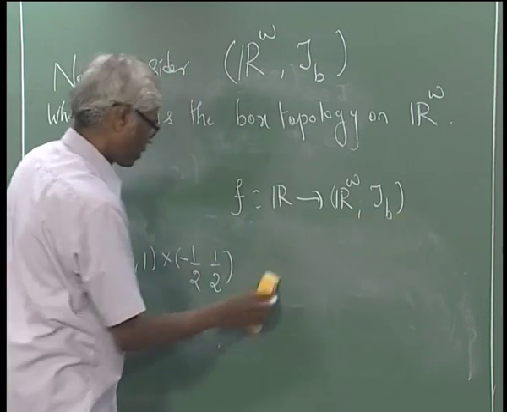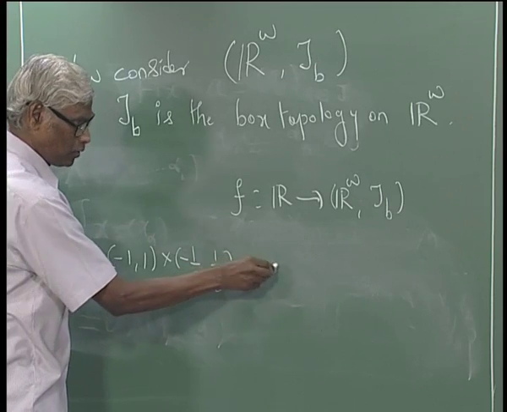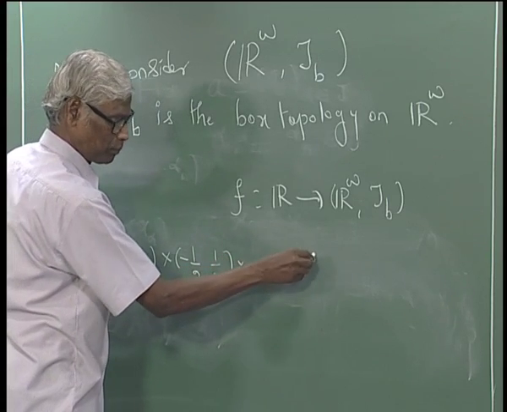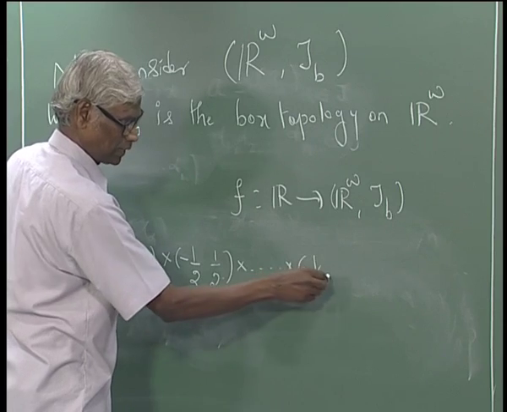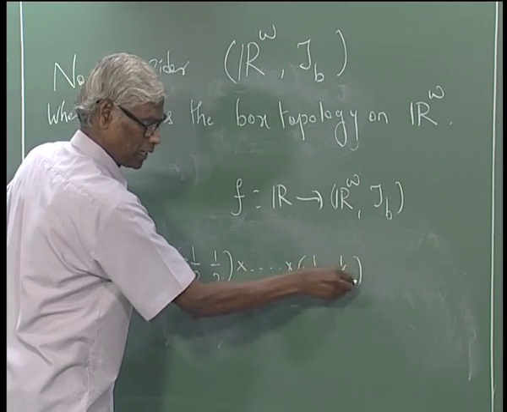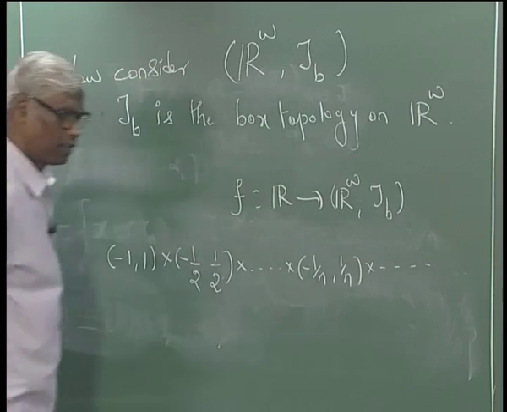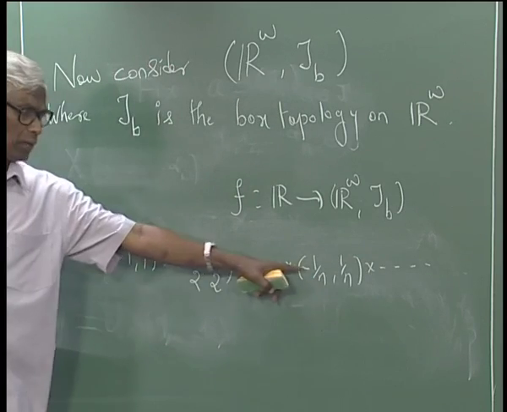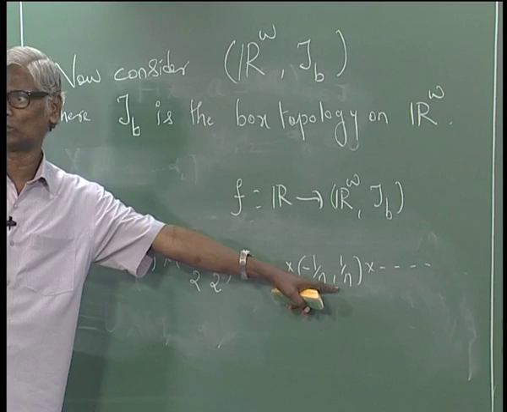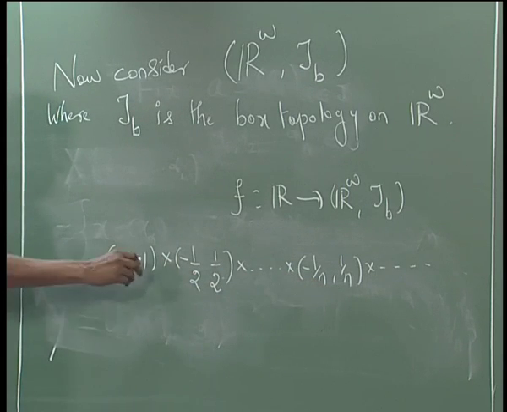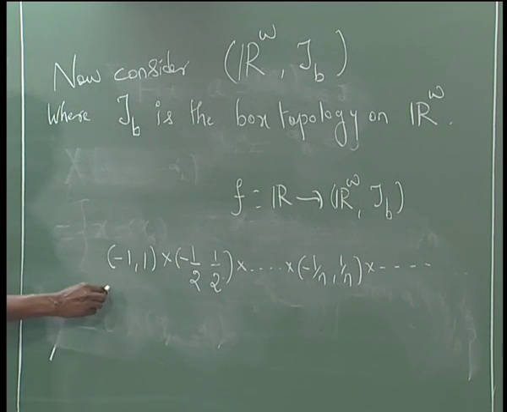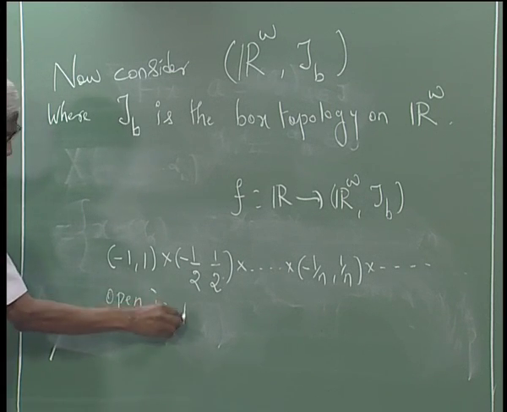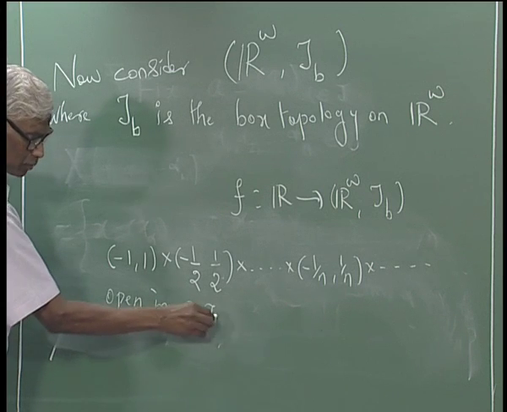So, if we consider open sets of the type where the nth place component is the open interval (-1/n, 1/n), this is open in R^ω with the box topology.